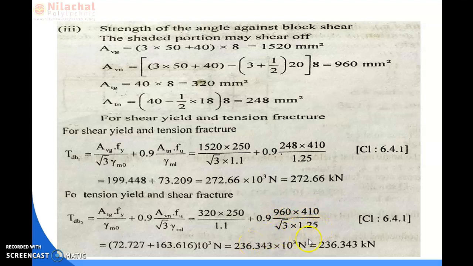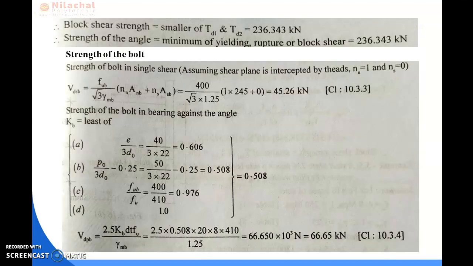Hence, the value is coming as 236.343 kilonewton, which is the value of TDB2. So now we know that the strength of the block shear of any tension member is the minimum of TDB1 and TDB2. So hence the minimum value is 236.343 kilonewton.